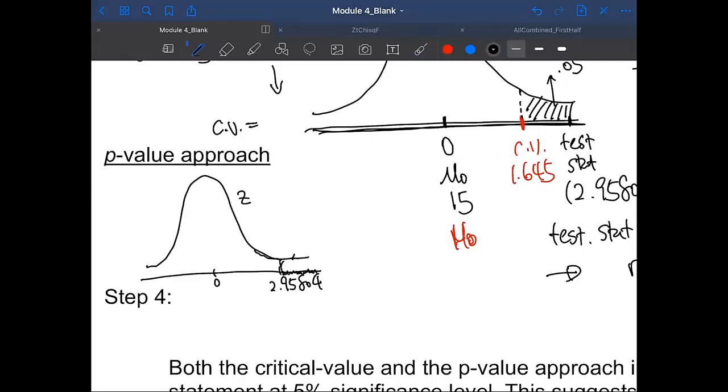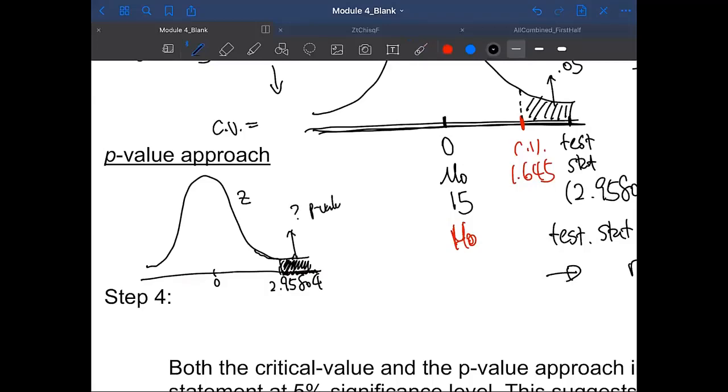This is true for an upper tail test. It will not be the same case for a lower tail test. For a lower tail test, you're going to look for something to the left of it. But for upper tail, you're going to look to the right. The probability associated is going to be this part.